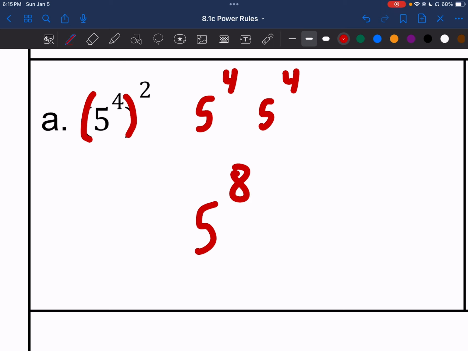If you remember back to when we were counting atoms in science class, when we're distributing the subscript that's on the outside of the parentheses, it's the exact same concept. We're distributing that 2 to everything that's inside of our parentheses.